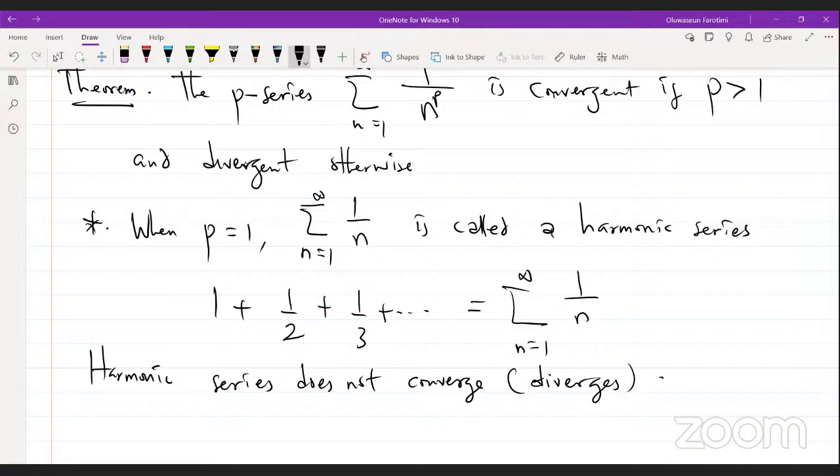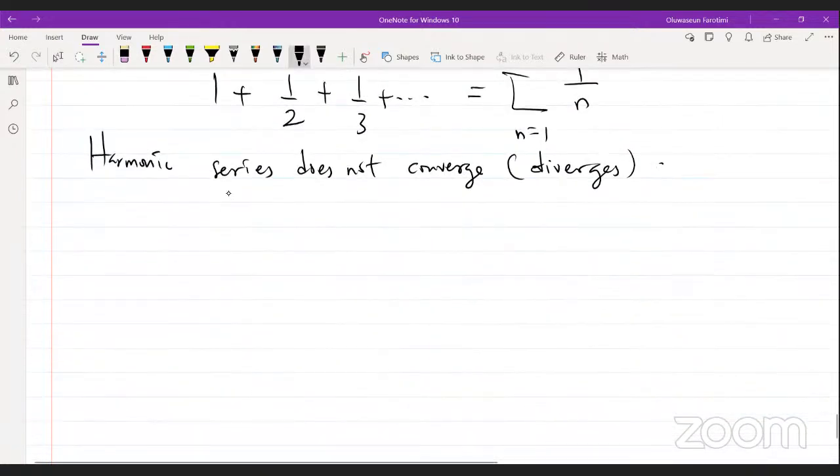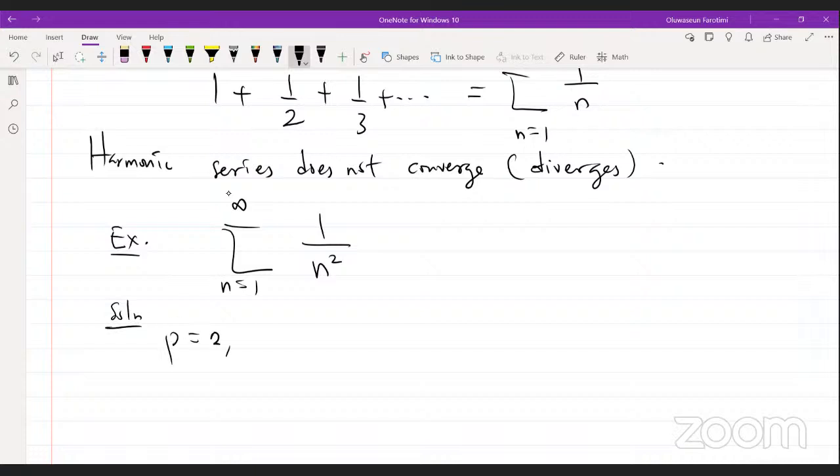Now, let me give you an example. If we have this series 1 over n squared, what do you need to do here? You don't even need to think about the integral test because this is a simple one. So what is p? Solution. p is 2.